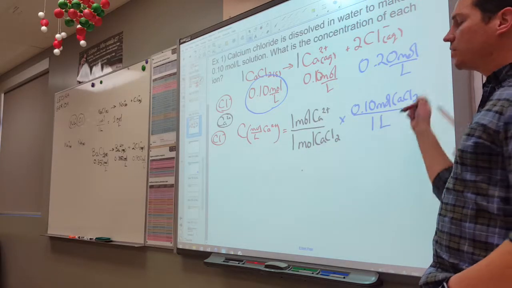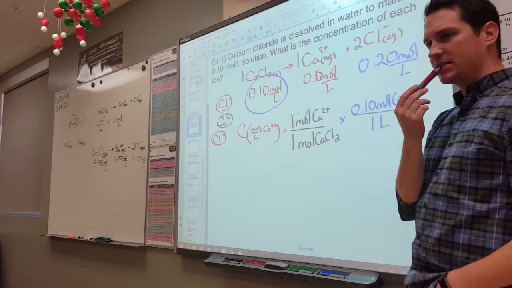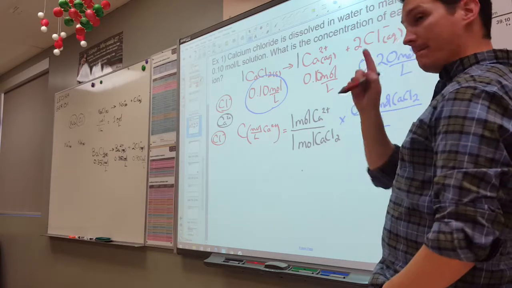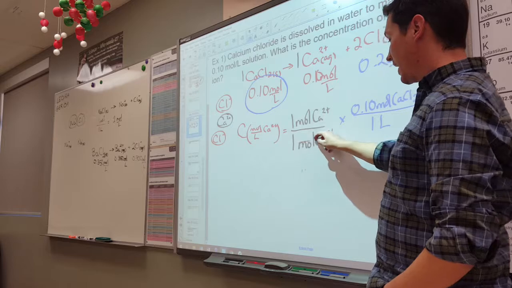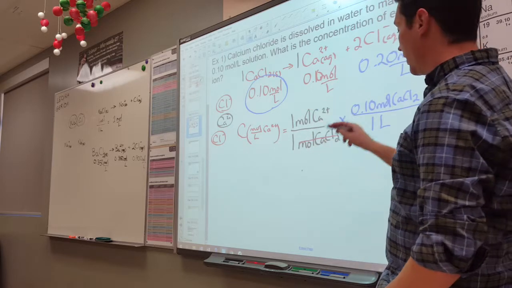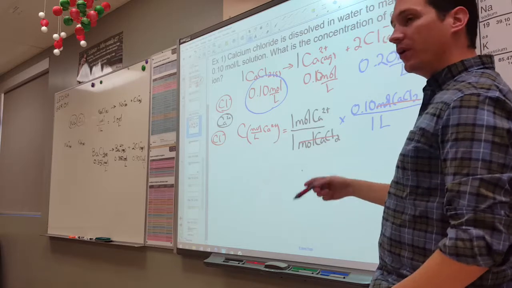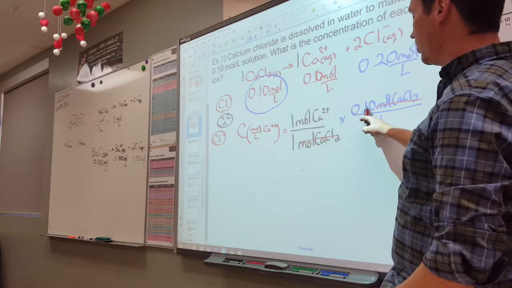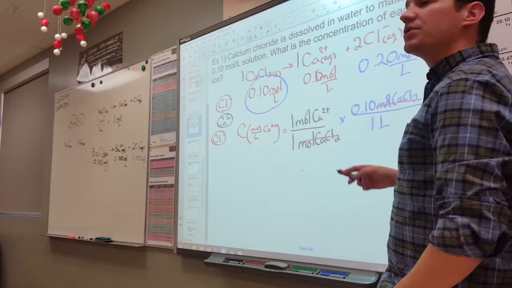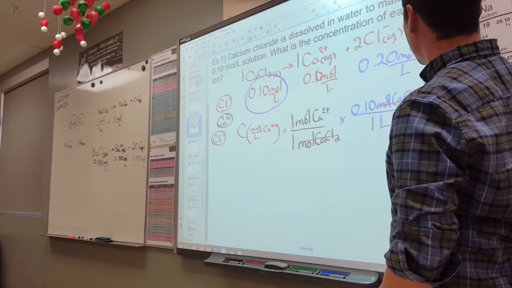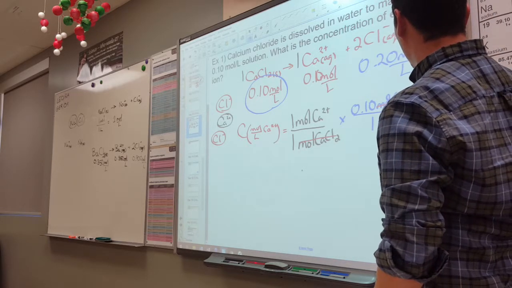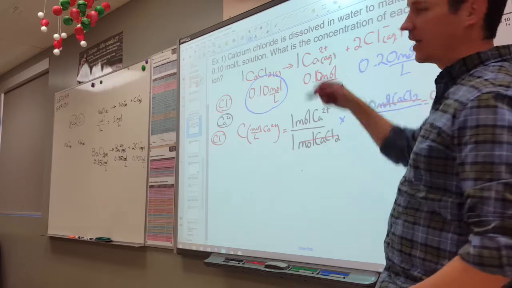So what happens to my units? Do you see any units that cancel out here? Moles of calcium chloride cancel out with moles of calcium chloride. And so we end up with 1 times 0.1 divided by 1. So hopefully that's not surprising. You should get 0.10 moles per liter of your calcium ions.